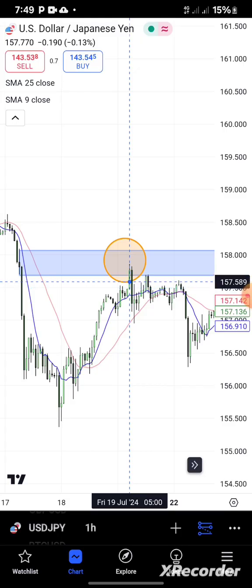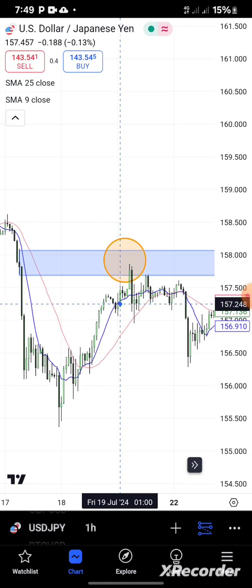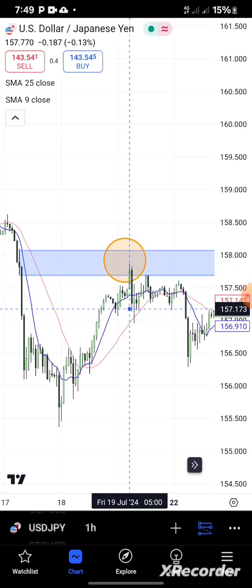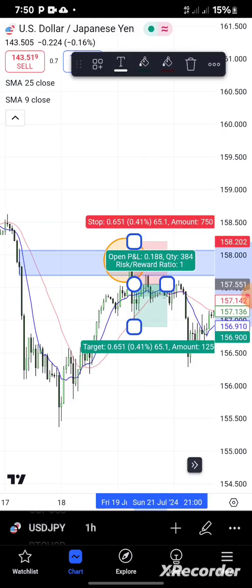You see it engulfed 1, 2, 3, 4, 5, over 5 candles. When this candle closes, in the opening of this candle, you first wait. If it is going up, you wait and place the trade where it has ended with a wick.